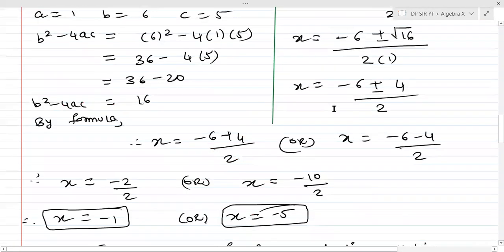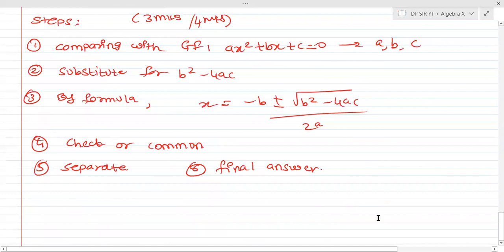What was the formula? Can anyone recollect? Write in the comment section. The formula is, oh no, where is that pointer? Yes, here it is. So the formula is, tell me, formula is what?